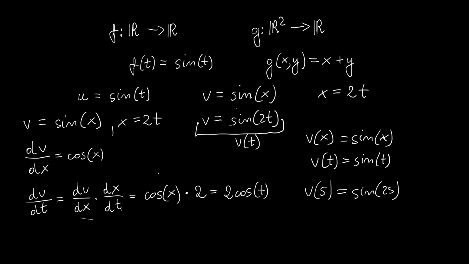Obviously, if we now write v in explicit form, sine of 2t, and we apply the rules of calculating derivatives, we calculate derivative of internal function, which is 2, multiplied by derivative of external function.